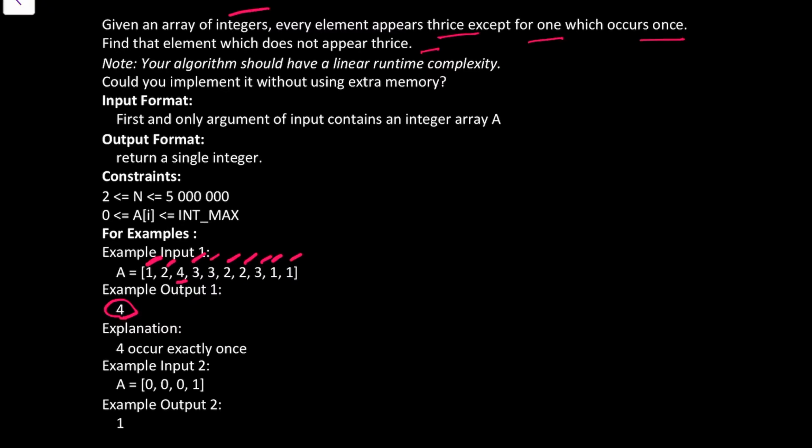There are some additions to it. Your algorithm should have a linear time complexity, so it should be order of n at max in time complexity. Can you implement it without using extra memory? This is a very interesting addition to the problem. We'll be discussing that in solution number 4 and 5, and this thing you can discuss in 1, 2, and 3.